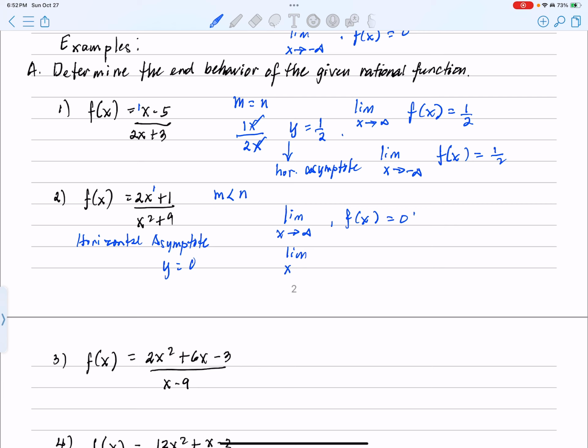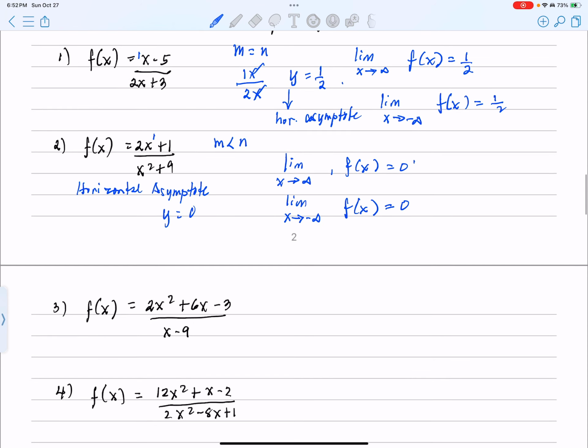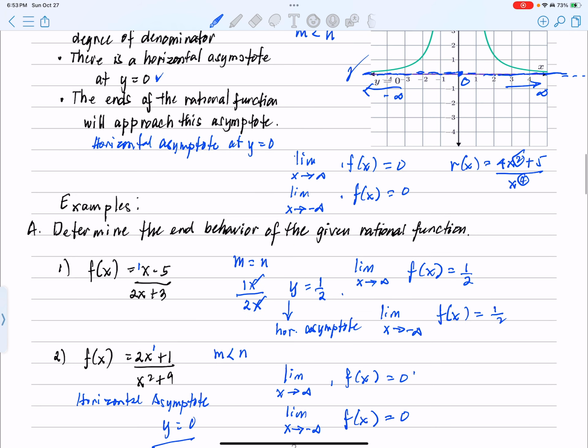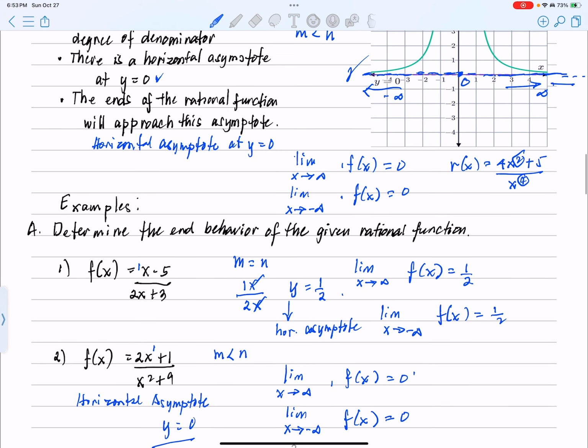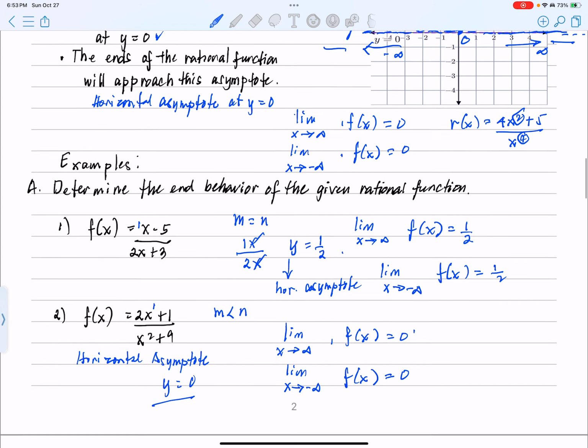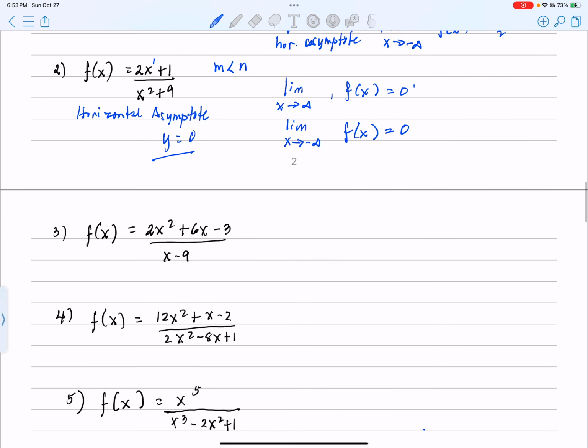The limit when x approaches negative infinity, the function of x is 0 because of this horizontal asymptote. So as we move on and on to the positive and to the negative side, however far it goes, it approaches 0, until it will become 0.